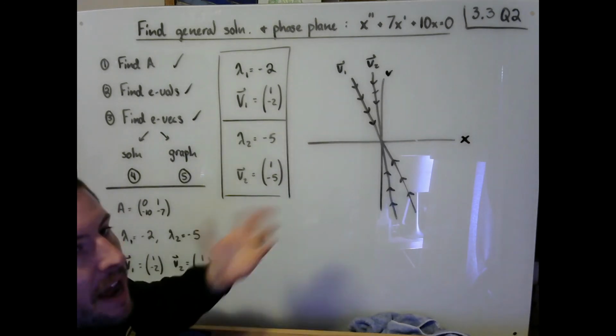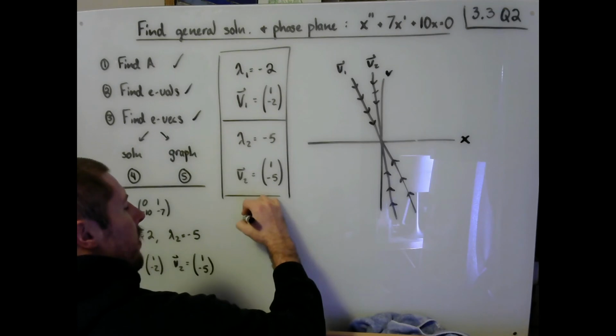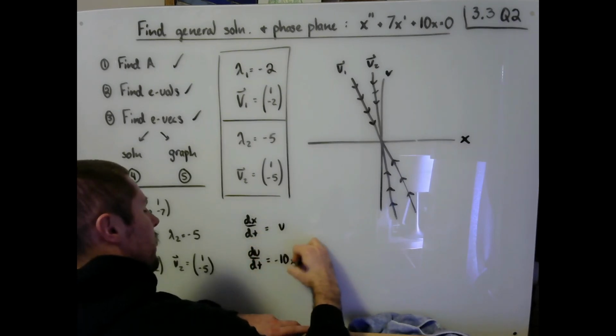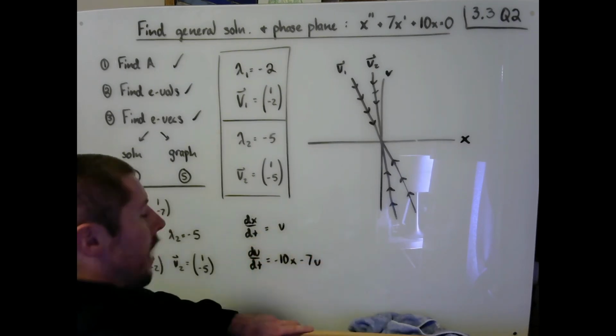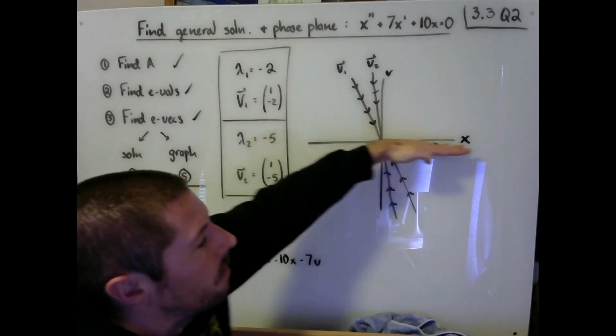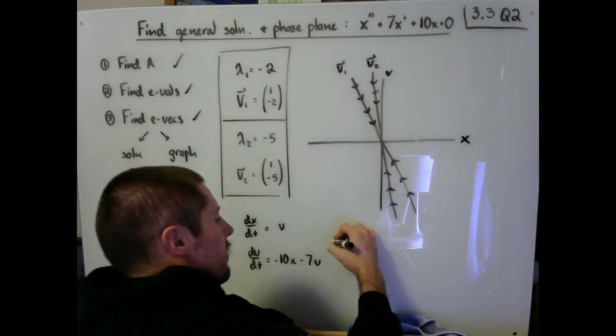So remember that we have x and v as our two variables here. And so what I know is that from our original system, dx dt equals v, dv dt equals negative 10x minus 7v. What I want to see here is what happens if we just let v be equal to 0. If v is equal to 0, then that just says, what's the action on the x-axis?